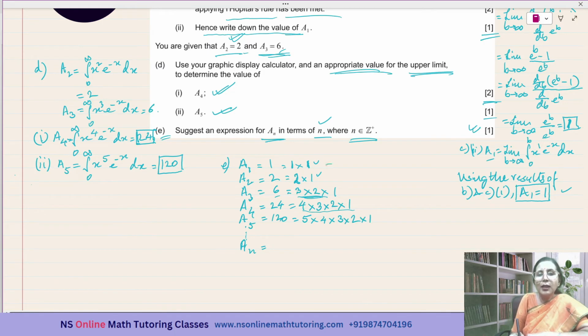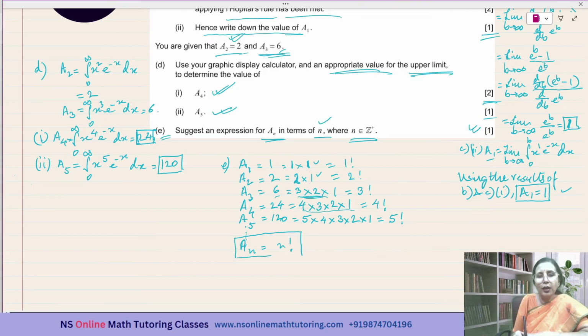Okay, so this can be written as 1 factorial. This is 2 factorial. This is 3 factorial. This one is 4 factorial. This is 5 factorial. So therefore, an should be equal to n factorial. Okay, so this is the answer.